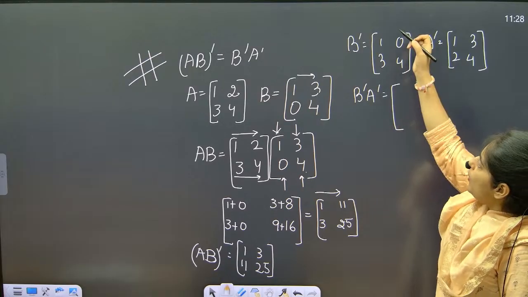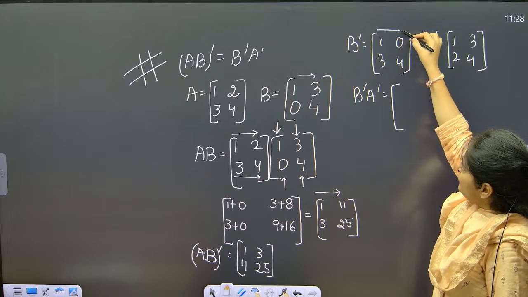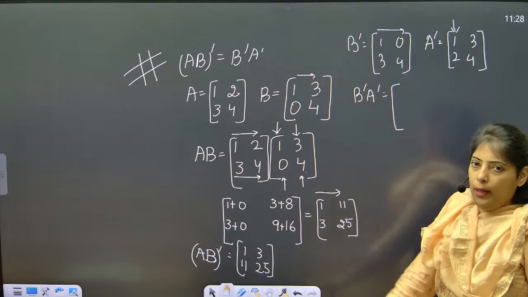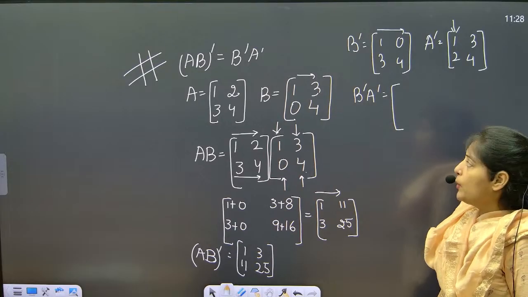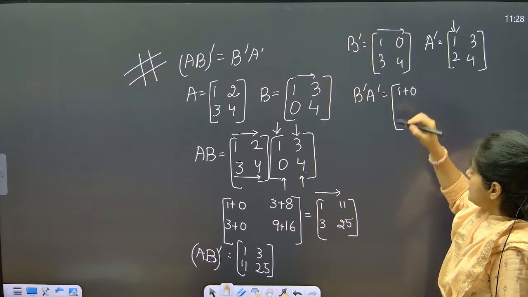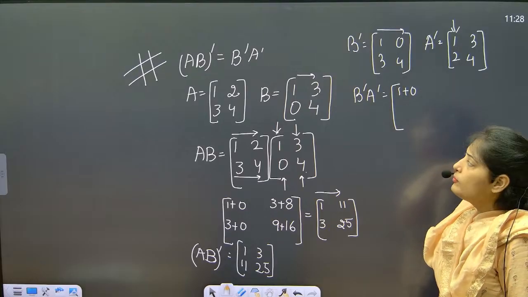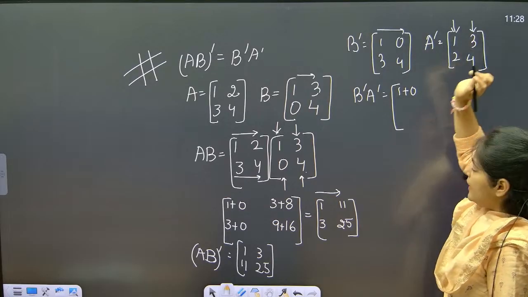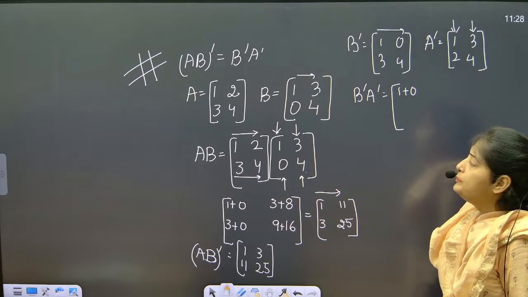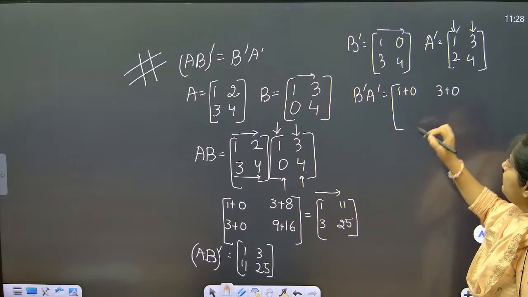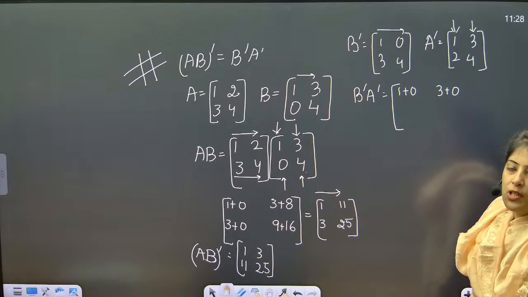Okay. Now, as I said, first row will be multiplied with first column. So 1 ones are 1, 0 into 2 is 0. Now first row will be multiplied with second column. 1 into 3, 3, plus 4 into 0 is 0.